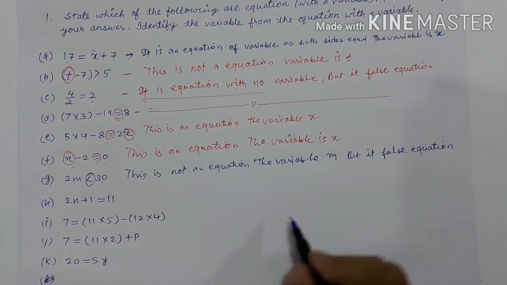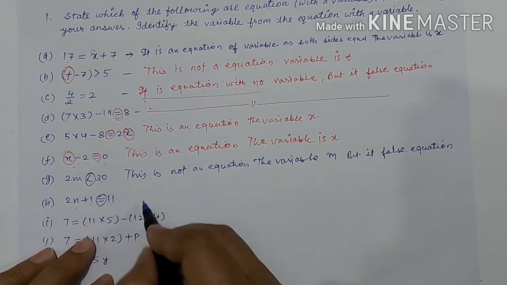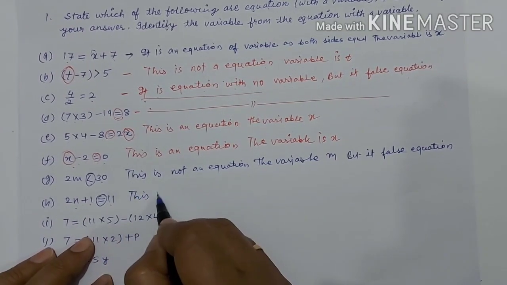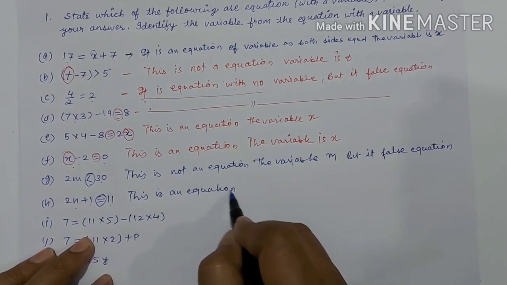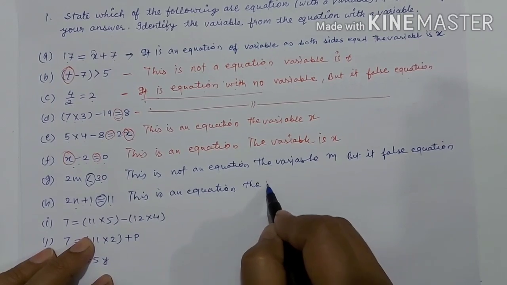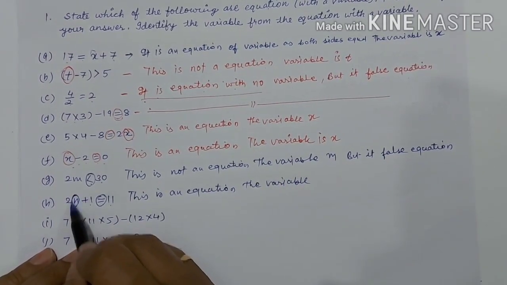Next is 2n plus 1 is equal to 11. The equal sign means this is an equation, and the variable is n.